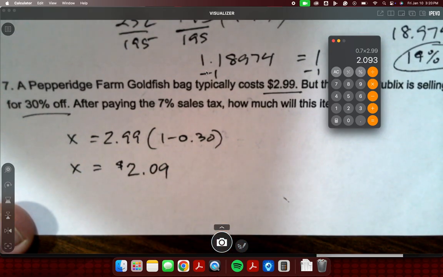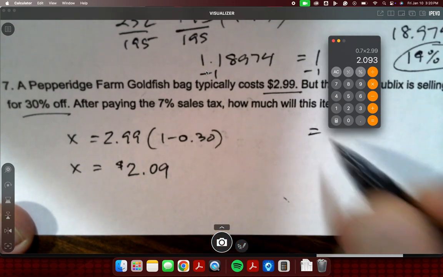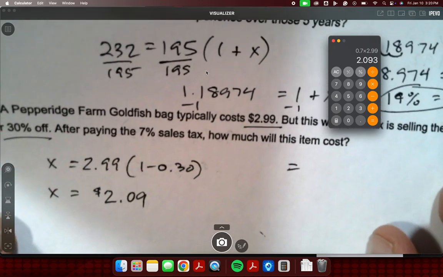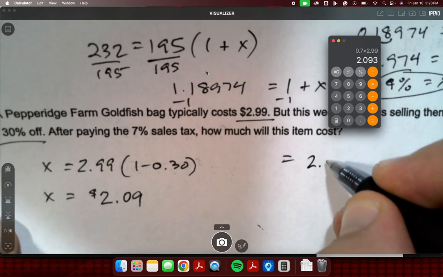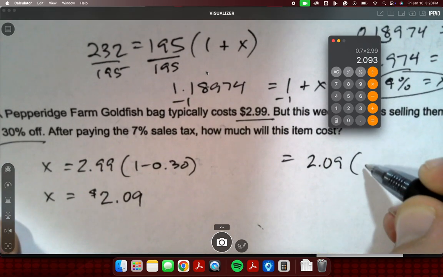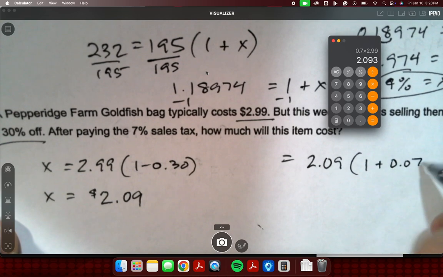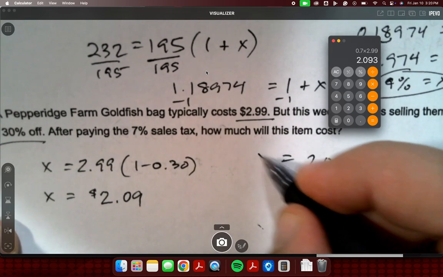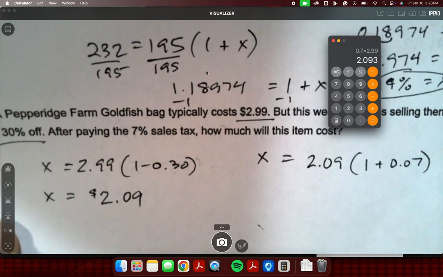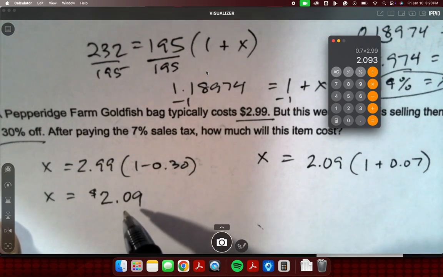But now they're going to add a 7% sales tax on top of that. So at this point, this becomes our original price. This is the price before tax. But they're going to add 0.07 tax onto it. And that will be our final price. That includes both the discount, which got us down to $2.09, and the sales tax of 7%.